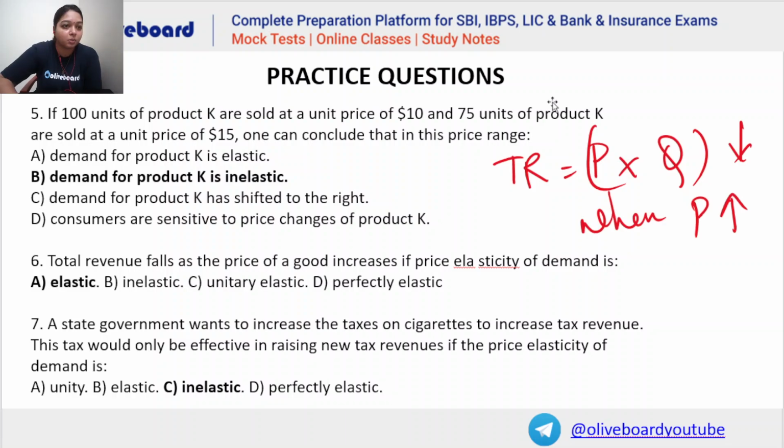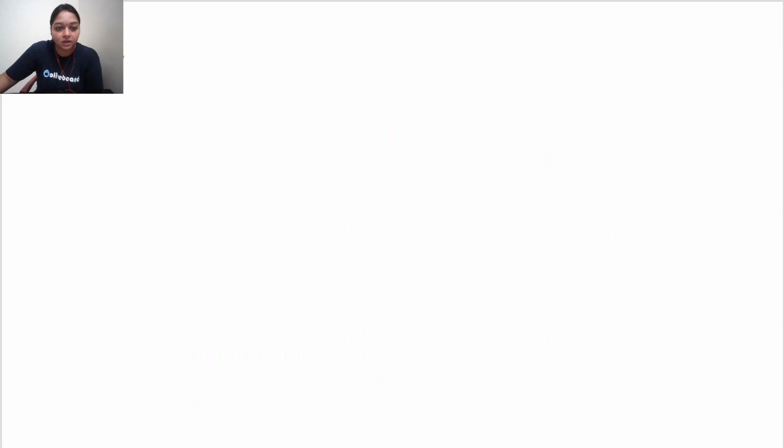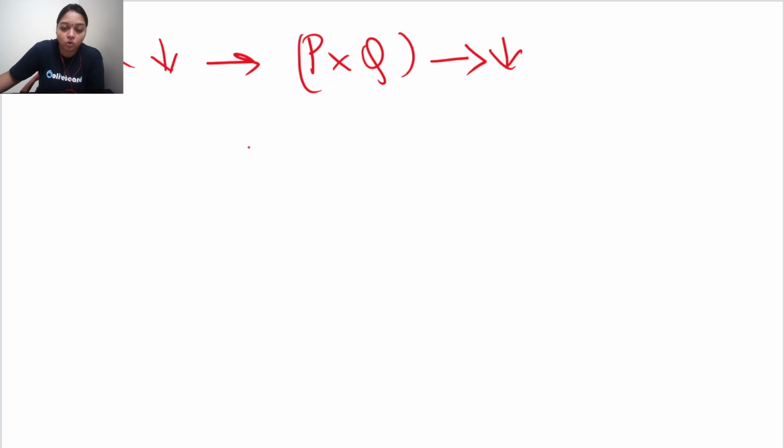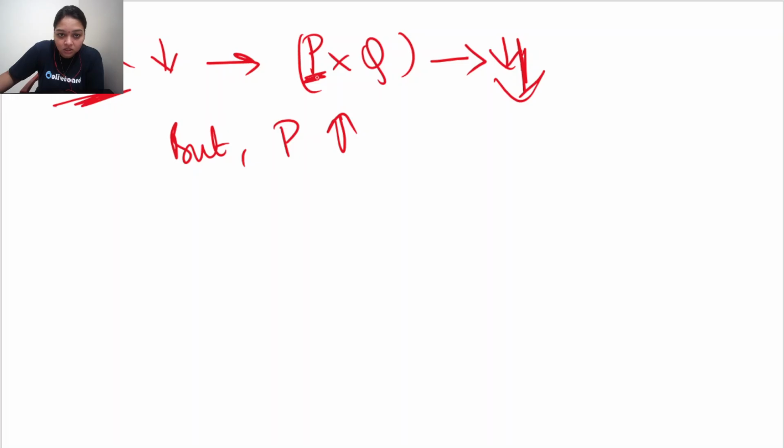Let me insert a slide, one second. What are they telling? They are telling total revenue is decreasing. What is the formula for total revenue? P into Q. So this is decreasing, okay? But price is increasing. So in this term, P is increasing. But if the entire term P into Q, that is total revenue, should decrease when P is increasing, obviously Q should decrease, right? That is common sense.